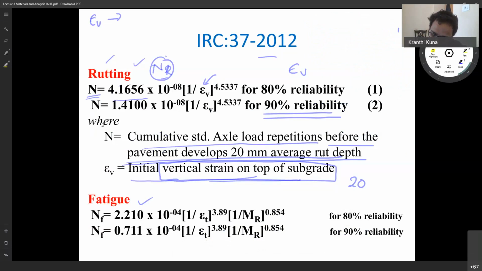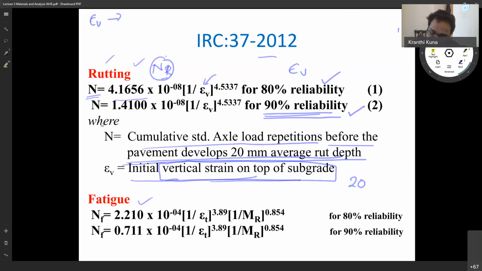This reliability is kind of confidence, what confidence you are constructing. It is not anything related to a confidence interval or something, but 90% is the reliability factor. So if it is national highways or important roads, you choose the 90% reliability equation. If it is less significant roads, you choose the 80% reliability equation.